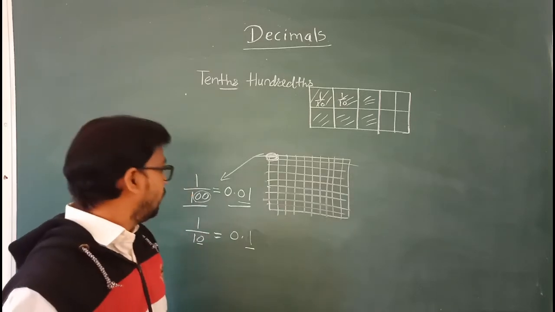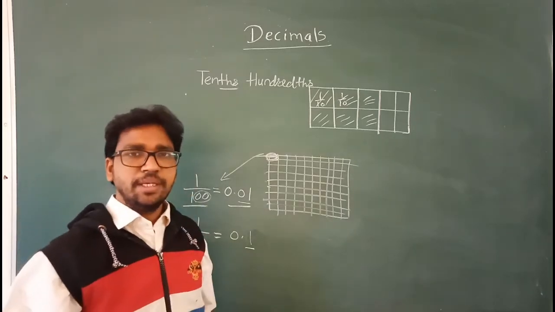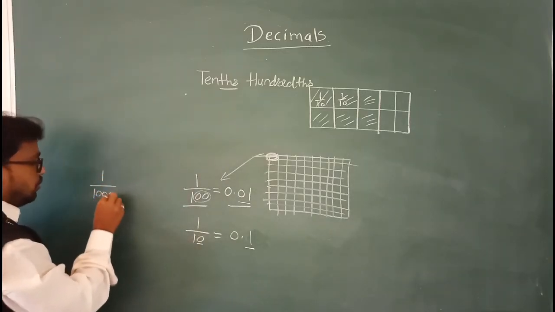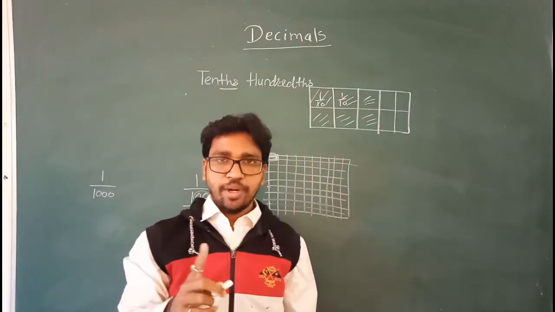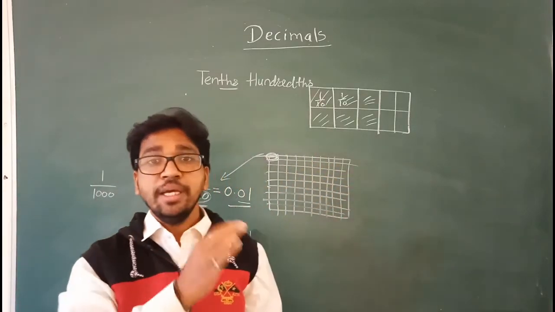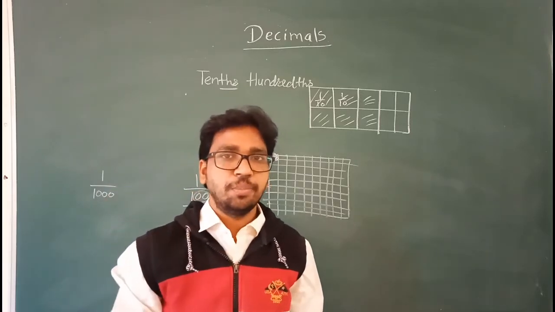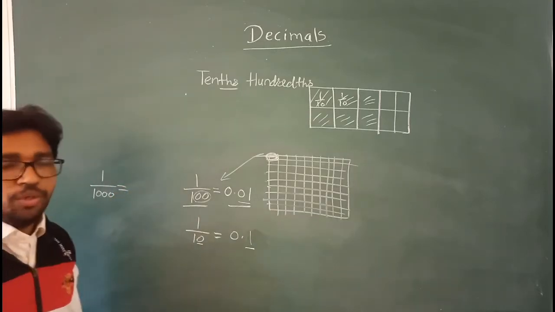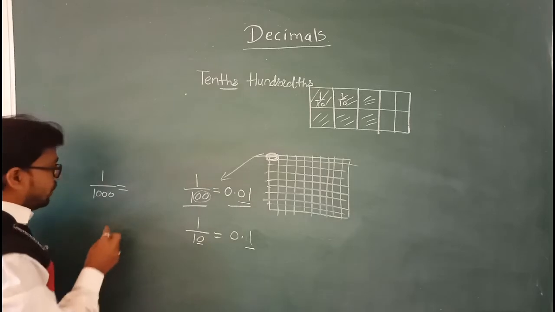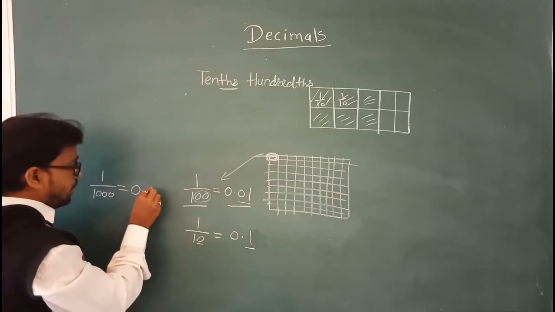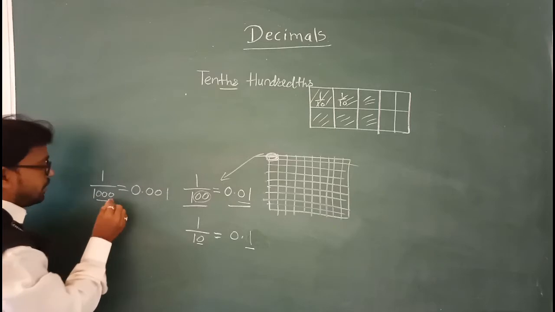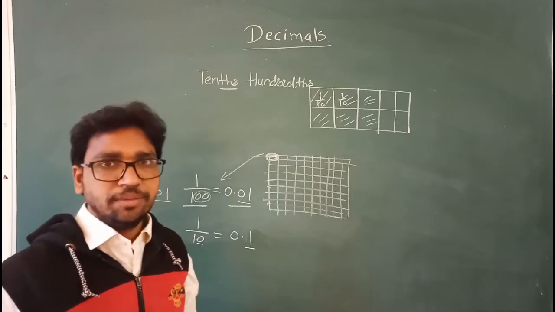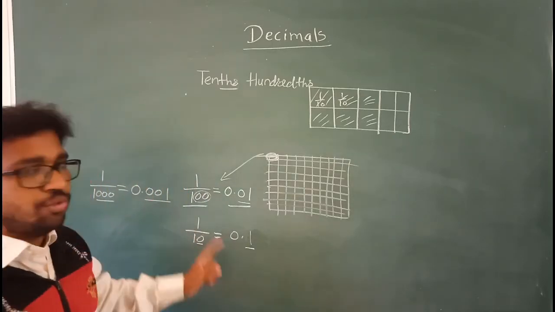Then there is the thousandths part. Thousandths means 1/1000. 1/1000 means what? Suppose one whole chocolate, or one roti, and we make 1000 equal pieces, and one part from it means 1/1000 part. So how will we write this? 0.001. Why? Because there are 3 zeros. That's why we need 3 digits after the decimal point. So our answer is 0.001.